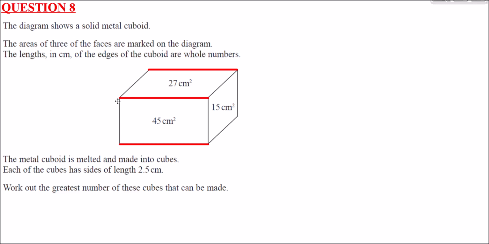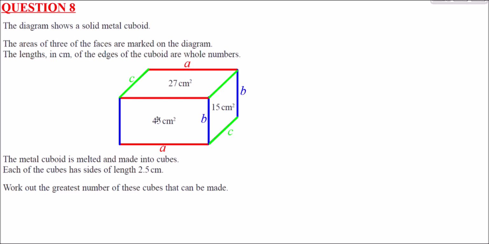The length we can call A. The heights in blue, we can call B. And the widths or the depths, as we go into the screen, I'm going to highlight in green, and I'll call these lines C. So the volume of this will be A times B times C.